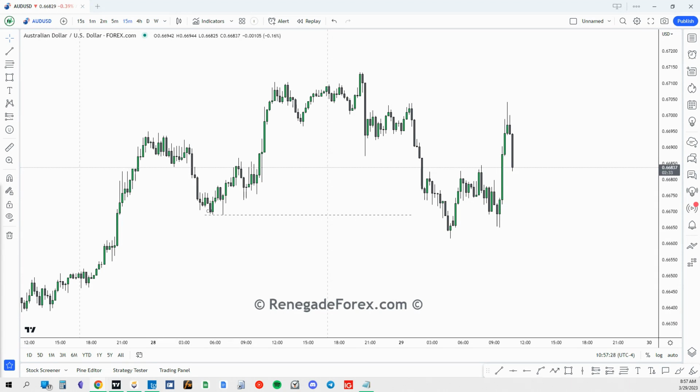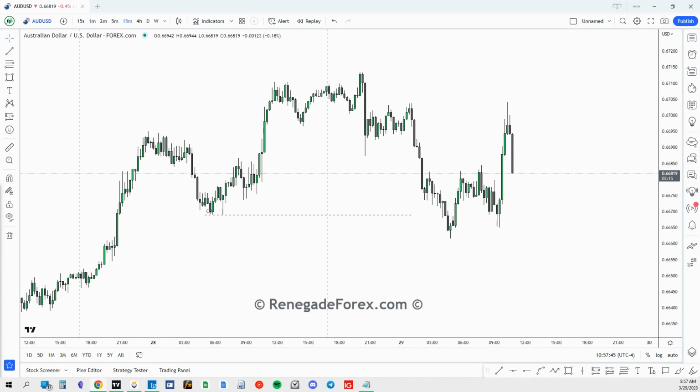The second main concept is supply and demand. On every chart, on every time frame, on any financial instrument, there is supply and demand happening all the time. There's supply and demand everywhere on this chart that you're looking at on the screen.